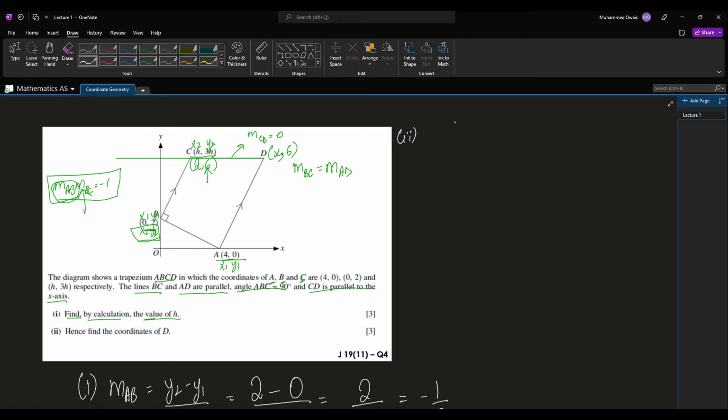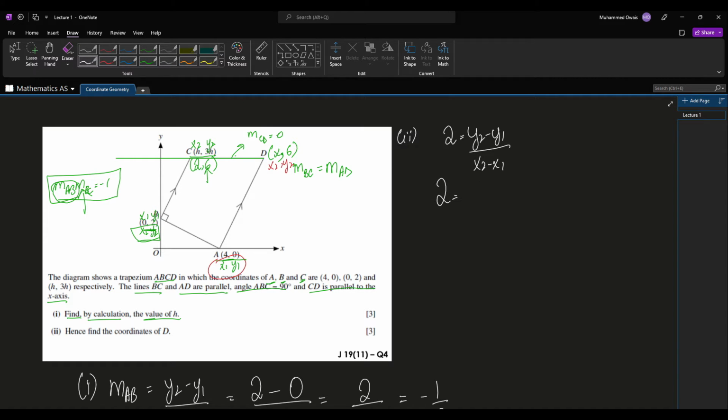So I'll just make this as 2, and we do not know the gradient of AD. So we'll just plug in the formula in its place. We'll say y2 minus y1 over x2 minus x1. We can just say that this is x1 y1 and this is x2 y2.